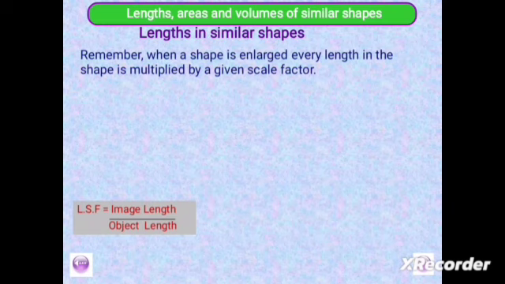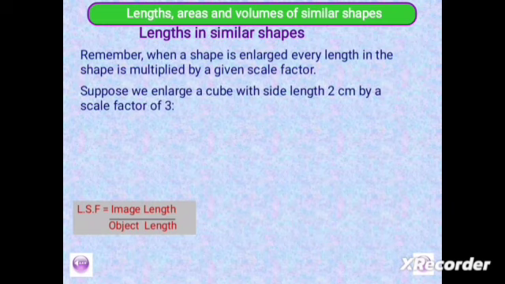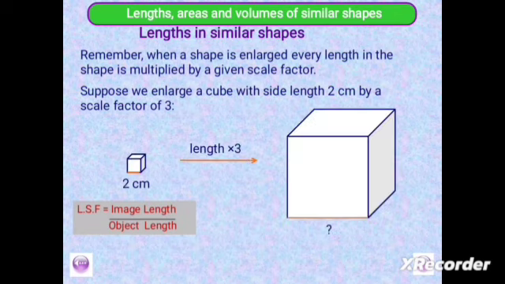Now we can have an example of a cube of sides 2 centimeters enlarged by a scale factor of 3. So to get the image, the length of the image is unknown, is what we want to find by the relationship based on the linear scale factor, where linear scale factor is equal to image length over object length.